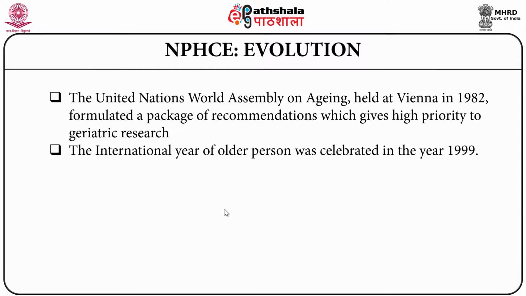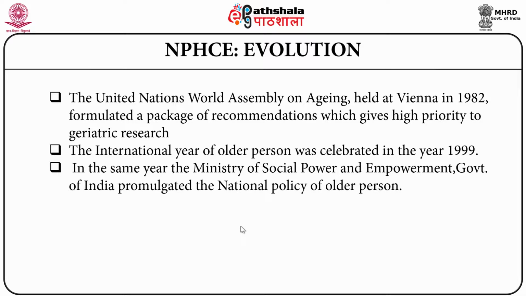Now, the United Nations World Assembly on Aging, in fact, this is the beginning of this program, held at Vienna in 19. It formulated a package of recommendations which gives high priority to geriatric research.